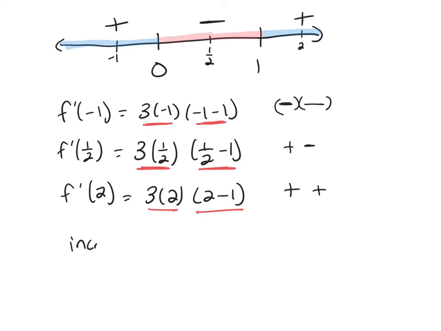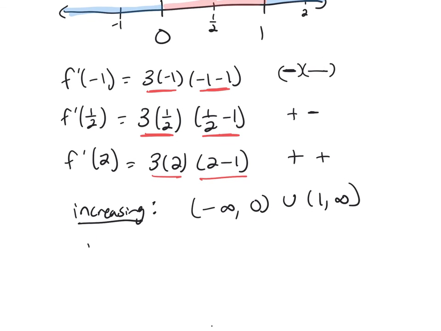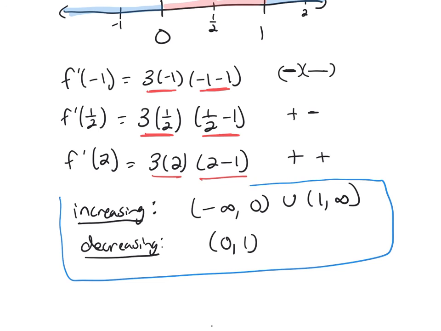So it's increasing on the intervals, if I look at the blue part, negative infinity to 0, union 1 to infinity. And then it's decreasing on the interval 0 to 1. And there is my answer.